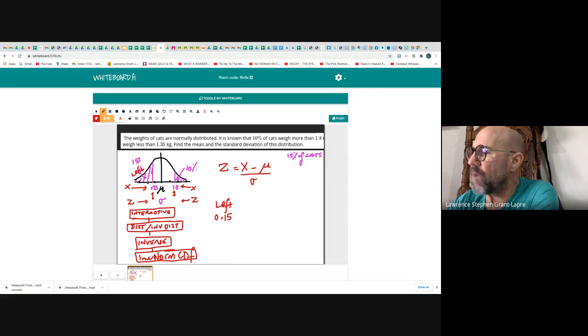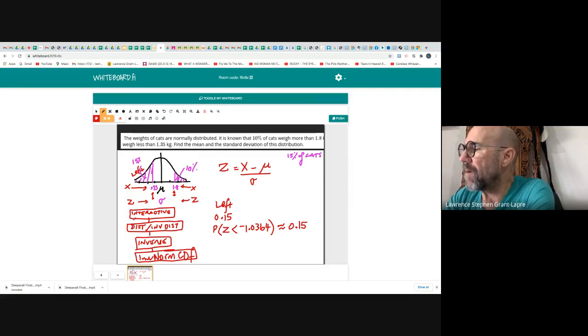Leave the standard deviation as 1 and the mean as 0, because that will give us our Z value. So the probability of Z being less than negative 1.0364, that's your Z value, is approximately 0.15. So the Z value is approximately negative 1.04 for that score.